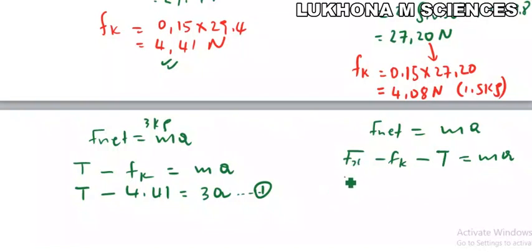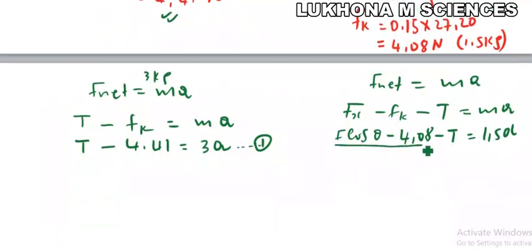Now Fx is F cos theta, then minus the friction here, 4,08, minus the tension, which is what we are looking for, equal to the mass, 1,5, times the acceleration, which is not given.